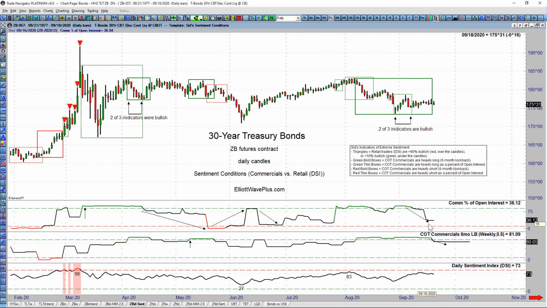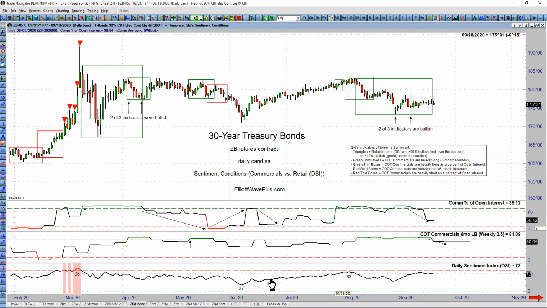Here's another really interesting thing that we've seen lately: the commercials kind of jumping on the long side of things, although they're getting a little back to neutral here. So they're waffling a little bit, but for the most part, the commercials have been bullish on bonds until maybe Friday.